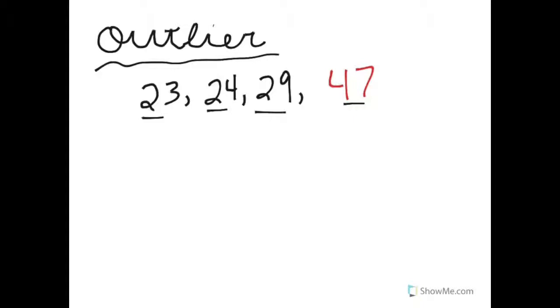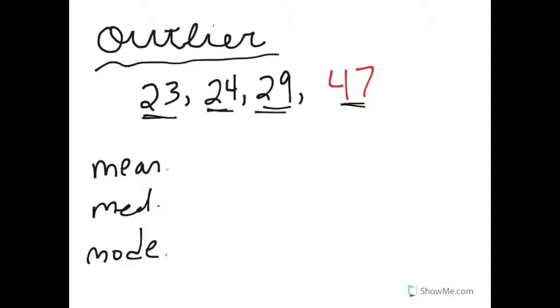Let's do a little math here. The mean, the median, and the mode. Okay, and we're not going to mess with the range right now. The mean of all 4 teachers, if I add up all 4 of these numbers, is 123.